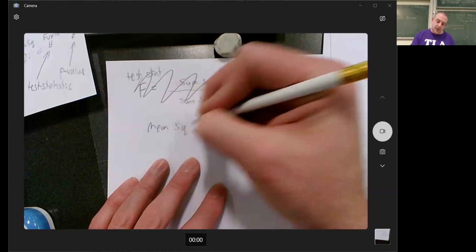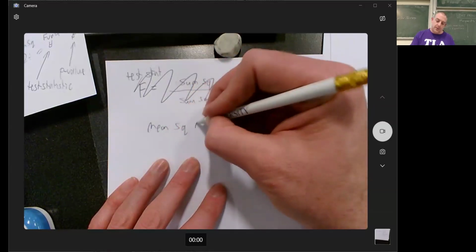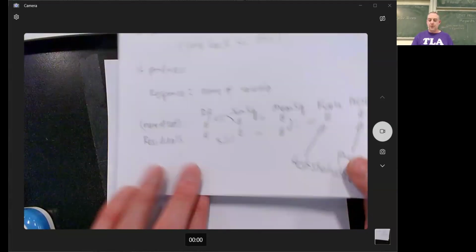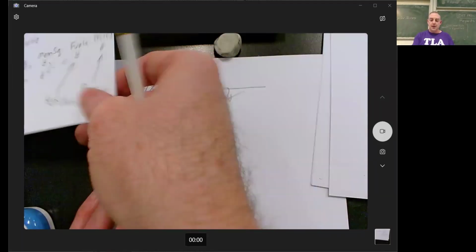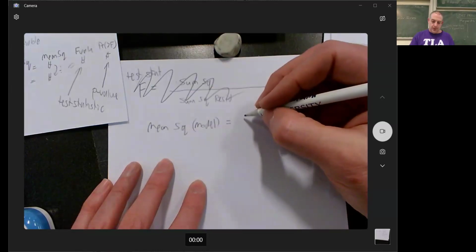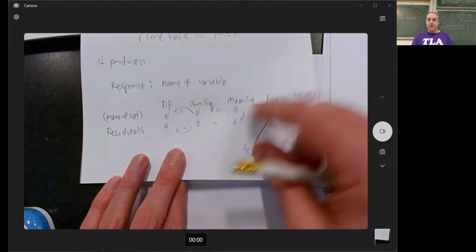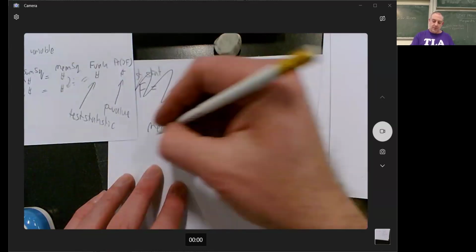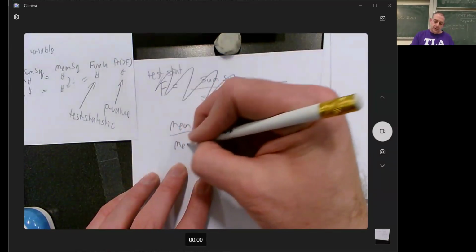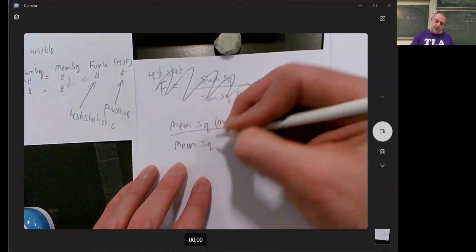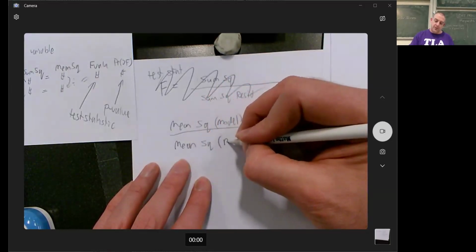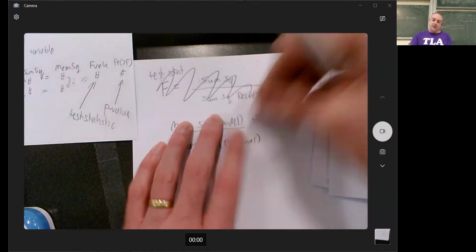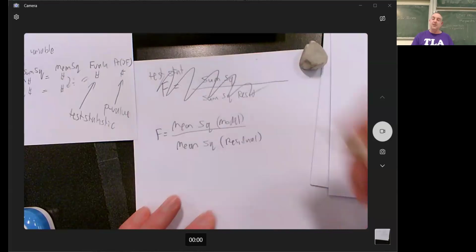The mean square model, which is the thing that goes with this name of category here, in this spot just here, mean square that goes with the model, divided by the mean square of the residual. Those two things is what the F statistic is.